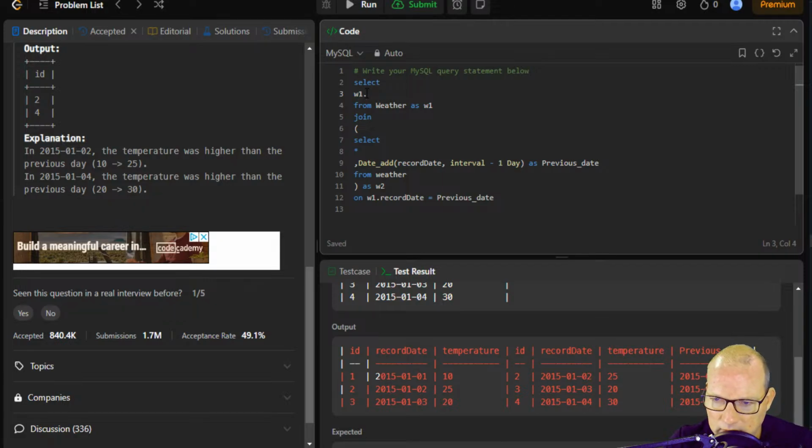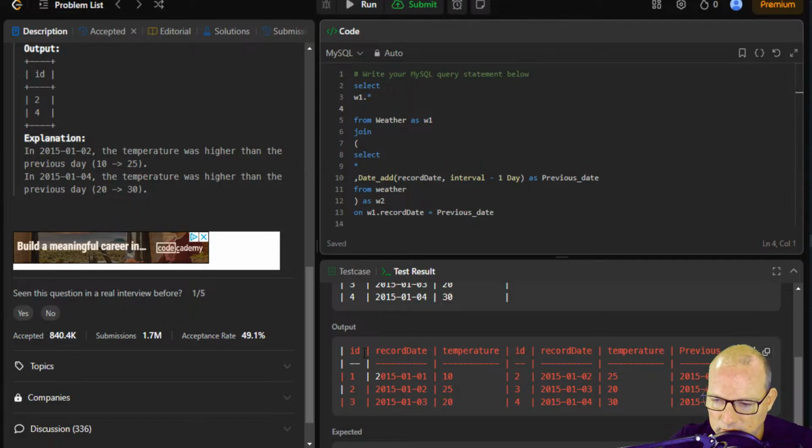W1 dot star. We need all of this table. And then we need W2 dot temp and all right. We can clean this up.